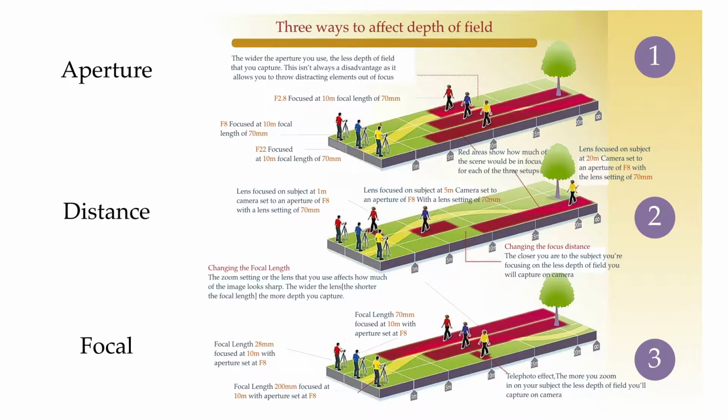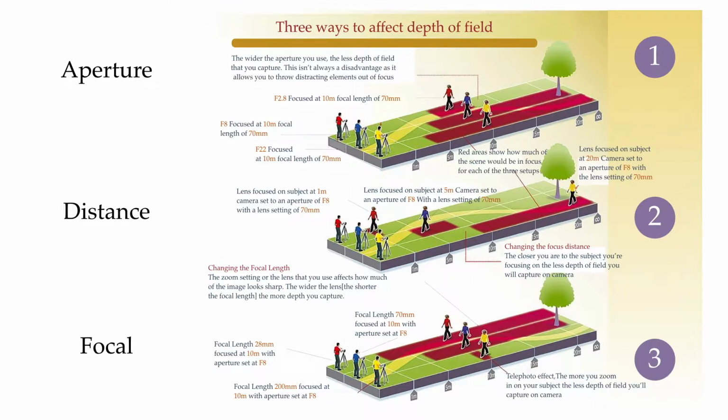And then on the last part, where we change our aperture to f22, our depth of field increases both in front and behind the subject. So that's by just changing the aperture, how you can increase your depth of field if the subject and the focal length remain the same.